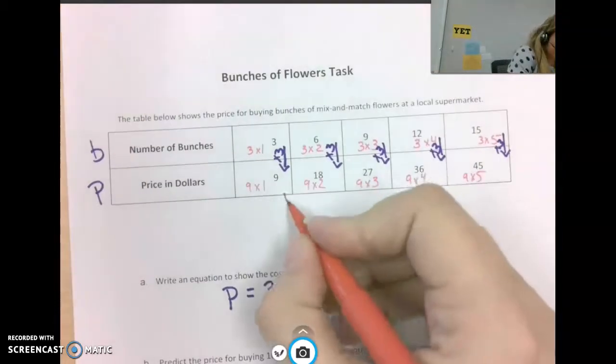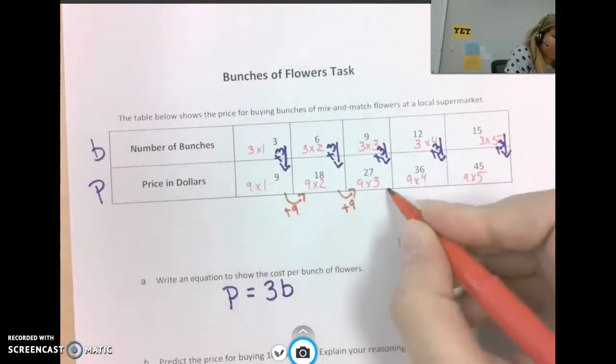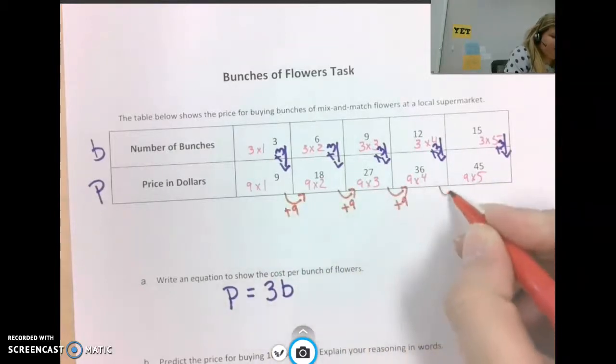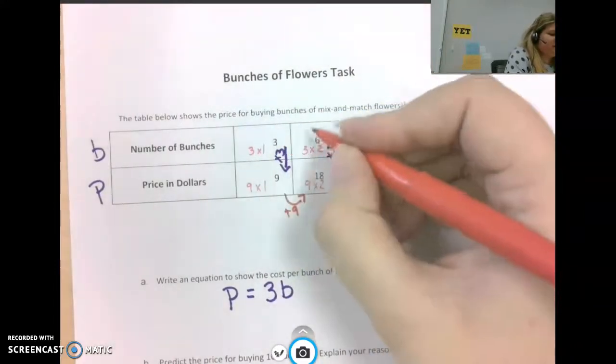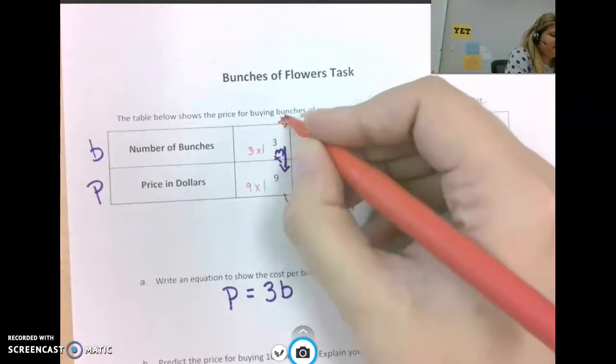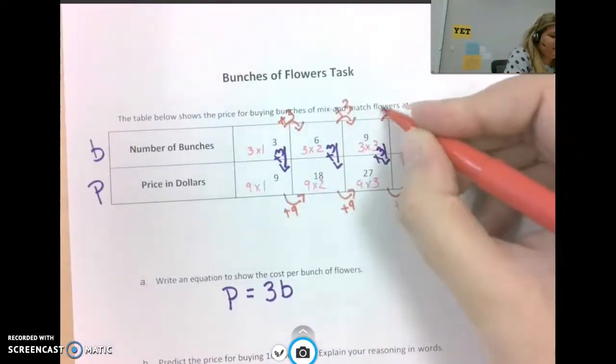To get from here to here was plus 9. Plus 9. Every time here, plus 9. 36 plus 9, 54. 3 plus what is 6? Plus 3. And that continues.